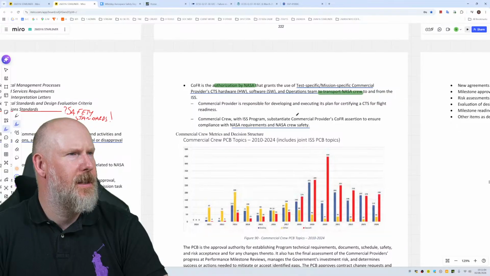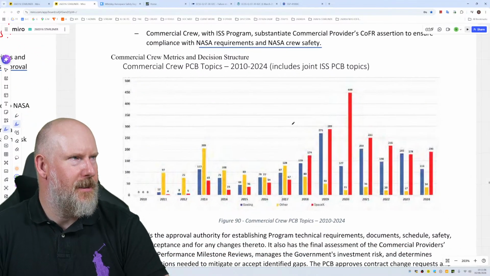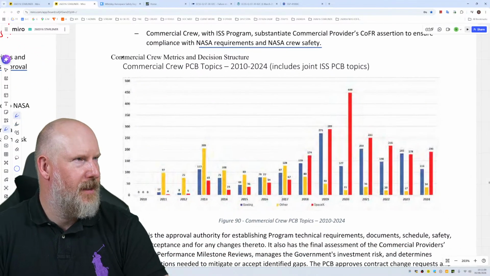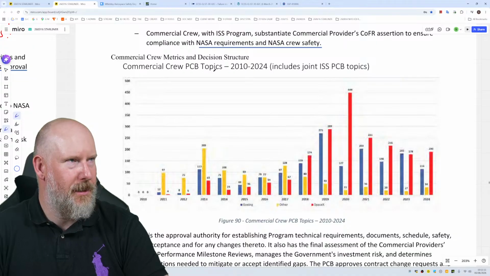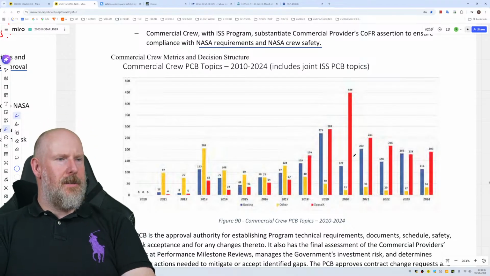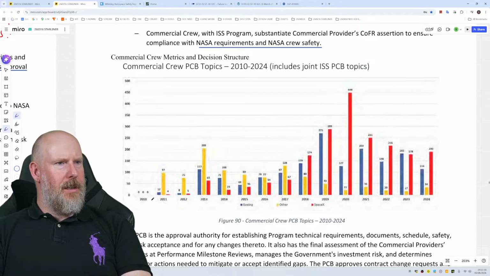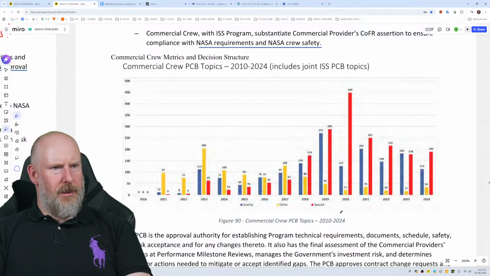Okay. Commercial crew metrics and decision structure. Commercial crew PCB topics 2010-2024, so 14 years, includes joint ISS PCB topics. So we've got Boeing, and then we've got other, and then we've got SpaceX.